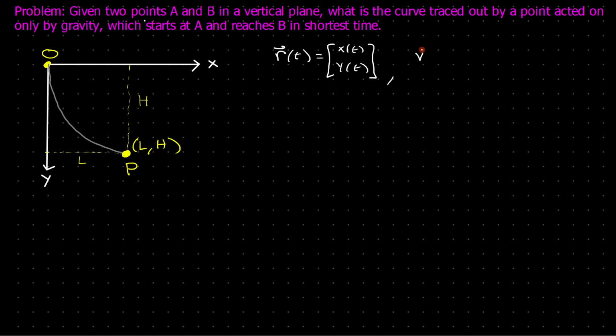You'll remember from your calculus course that the velocity is defined as the derivative of this position vector with respect to time, which is going to be x prime of t, y prime of t.